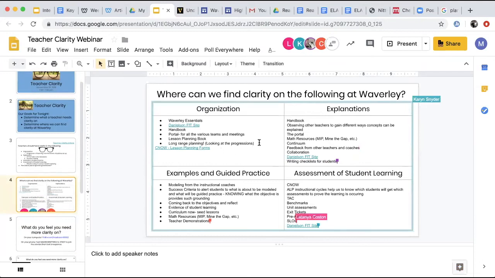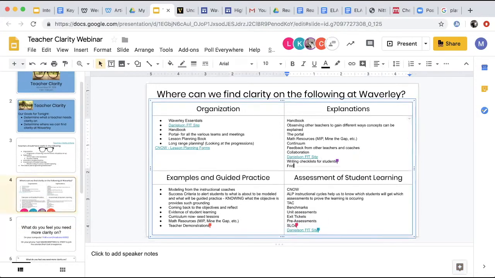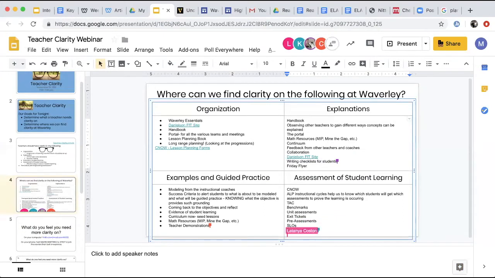Maybe for explanations, like even the Friday flyer. Do you think that goes with organization too? Because it has like the, hey, this is your week kind of thing. Yeah, I think it could go there as well.